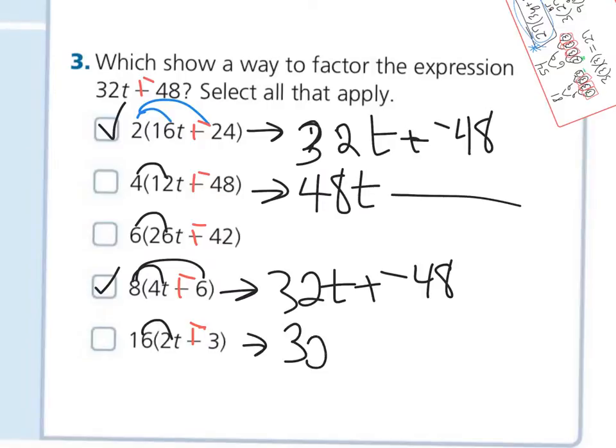That's 32t. And then 16 times 3 ends up being 48 also. So those would be your 3 choices. Again, you could try to go through and think about which ways can I factor different numbers out, but actually just distributing and then seeing if they're equivalent to that might be the easiest way for you guys to get that one.